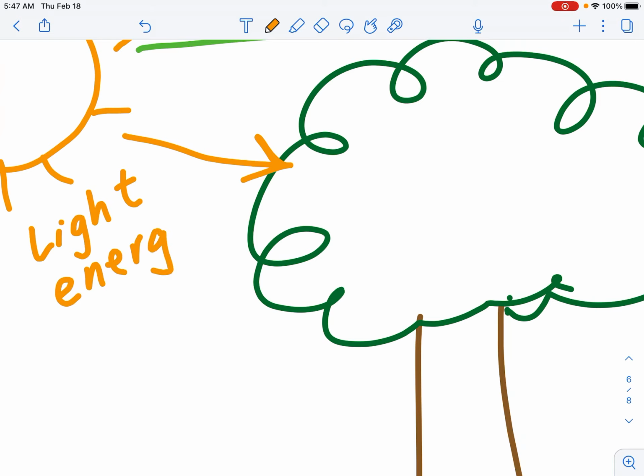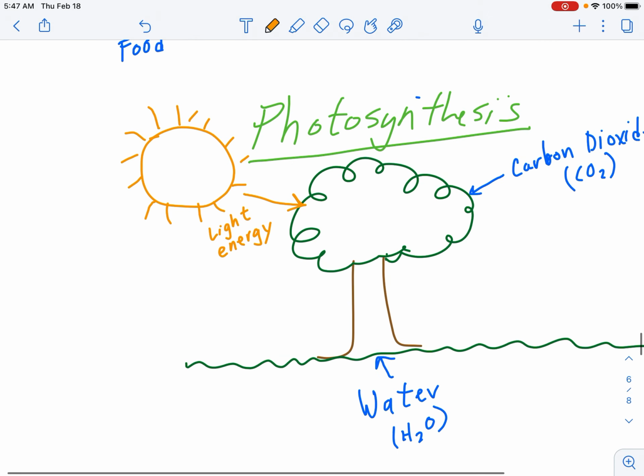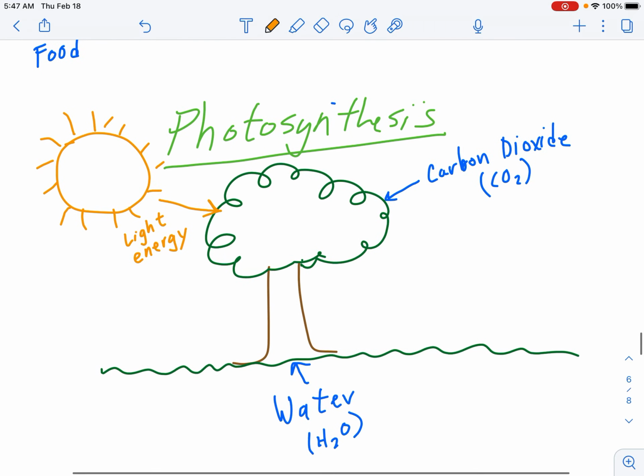And that light energy helps this reaction get started. It's necessary for it to happen. That's why it doesn't happen in the dark. This process only occurs when there is sunlight available, or artificial sunlight.